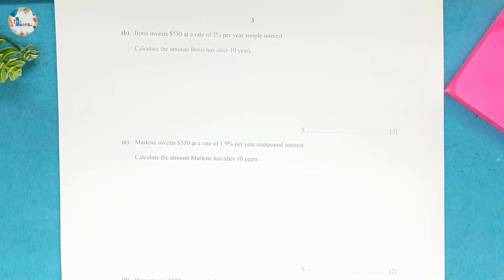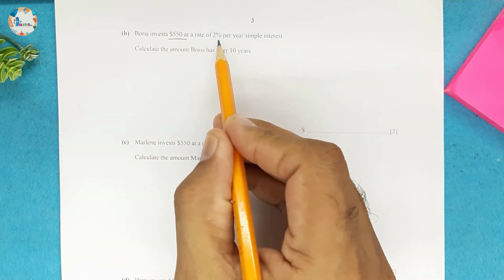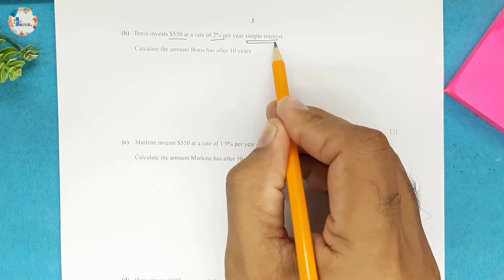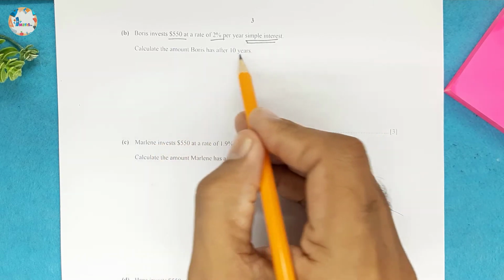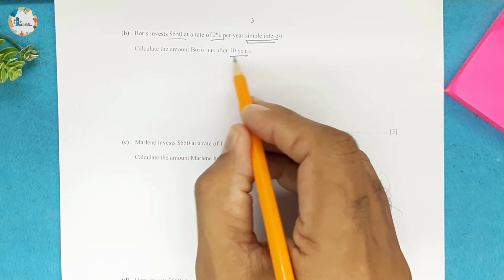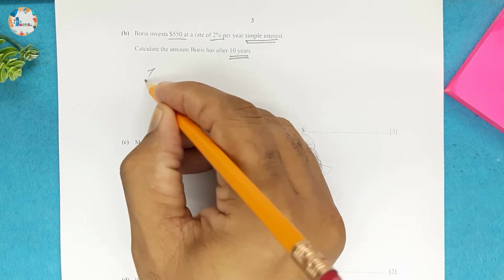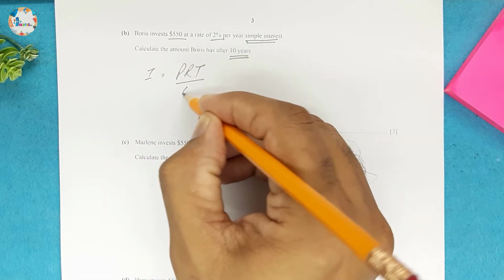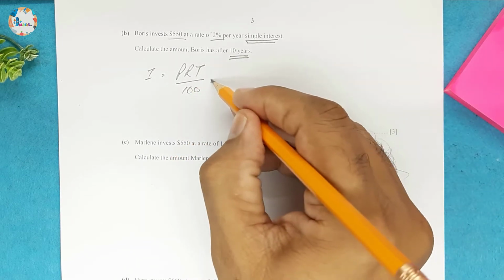Part B. Boris invests $550 at a rate of 2% per year, simple interest. Calculate the amount Boris has after 10 years. We know interest is equal to PRT over 100, the simple interest formula.